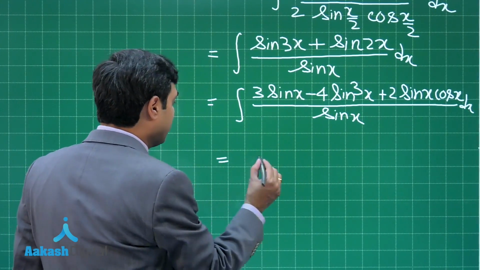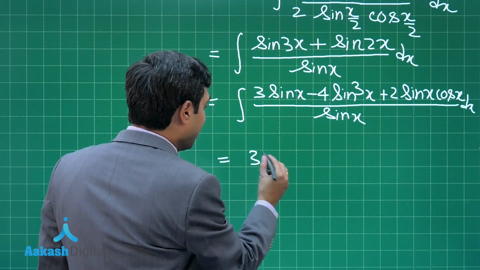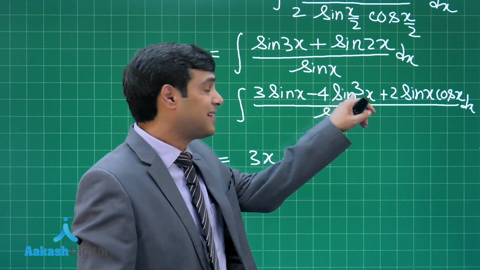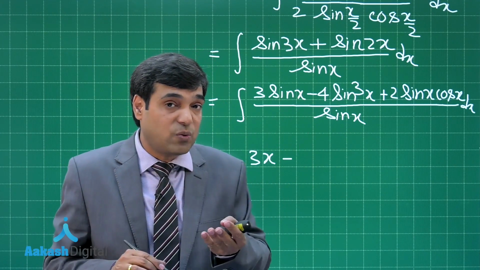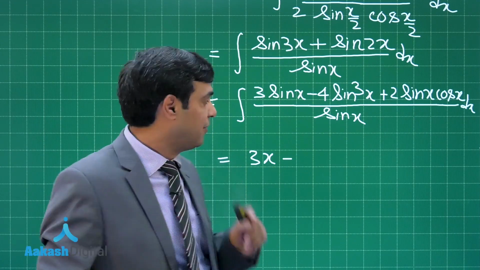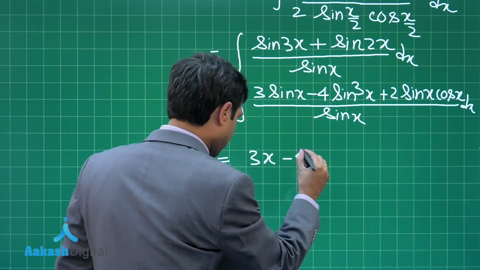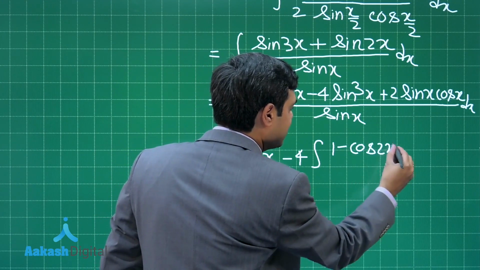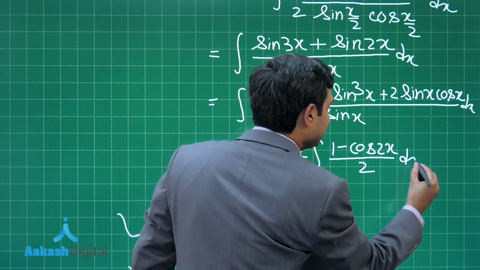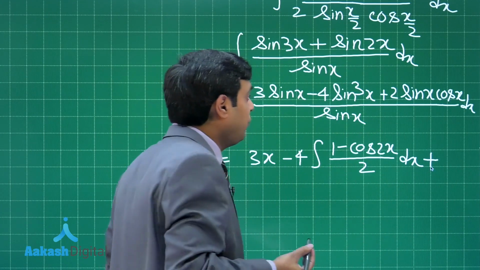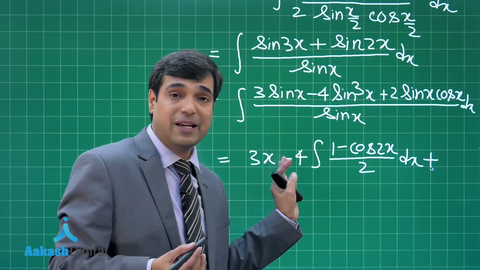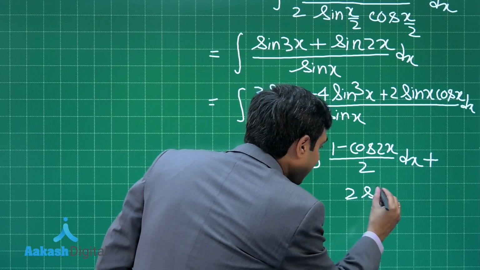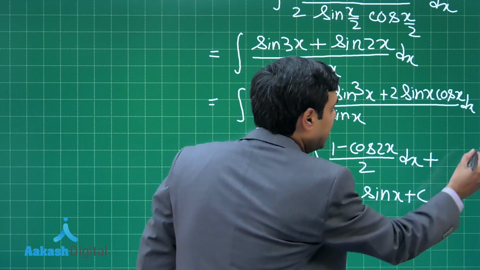What are we going to get? We will be getting 3x minus 4 sine square x. We need to change sine square x into double angle, right? So let's write down here 4 integral of (1 minus cos 2x) upon 2 dx plus, now we have 2 sine x cos x divided by sine x cancelled, so that gives you 2 sine x plus constant of integration.